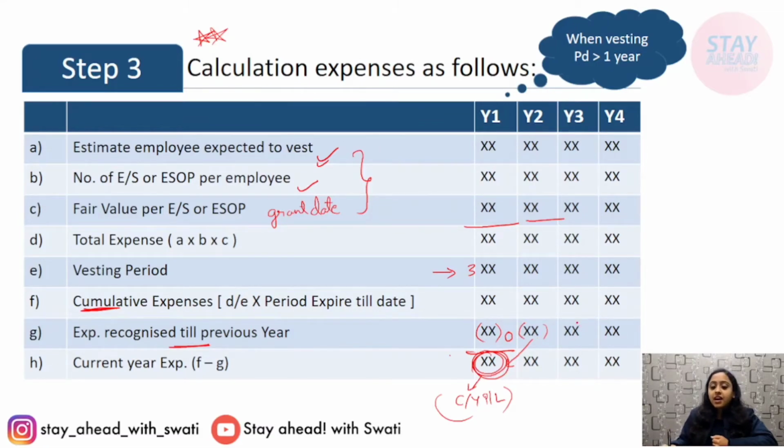Then in year 3, this amount will be taken over here. This is how it goes on. It can be for 2 years, 3 years, 5 years, 7 years, any. This format is the right format. This solves all your doubts, all your questions, and is exam oriented. You will get full marks if you use this format.